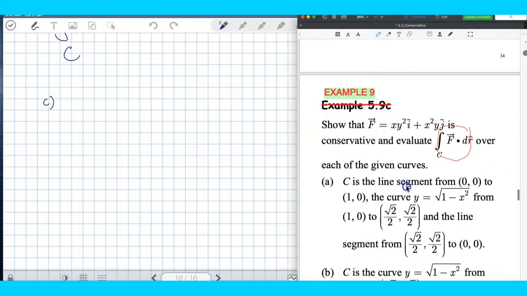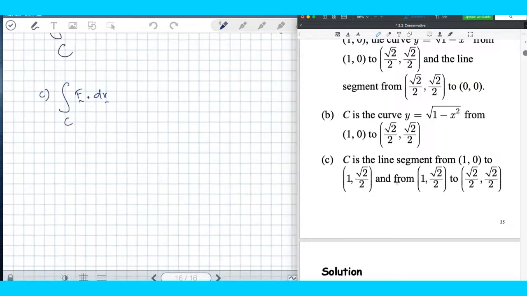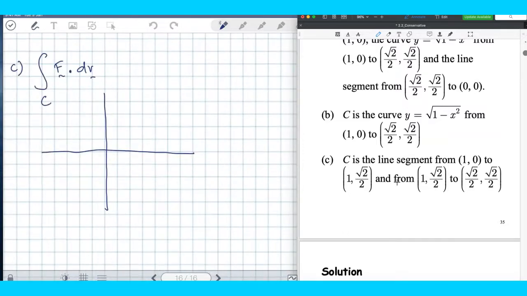So what is the C? For C, you need to get the line integral of f dot dr. Now I want to see what is the C that we have. We have a line segment from 1 0.